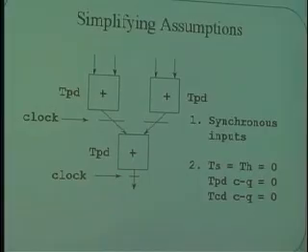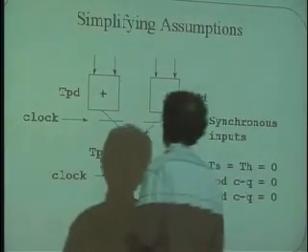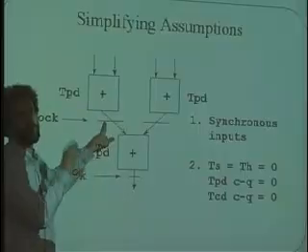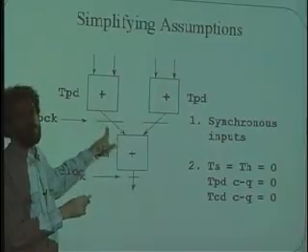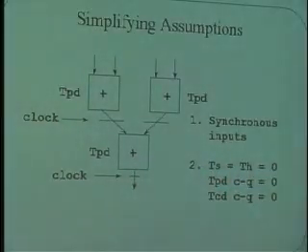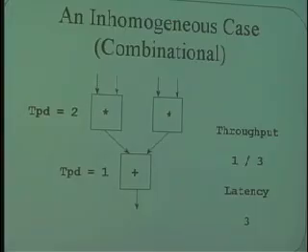Plus, you have to add the setup time of the register before you can let the clock go off again to the next one. Now, in general, we're going to use a straight line like this as opposed to drawing the whole register, in order to show that there is a register in that path of the circuit. That just makes it a little bit easier to do.